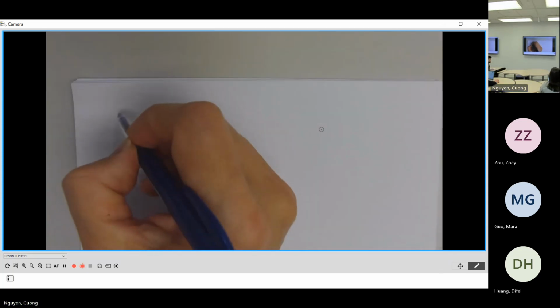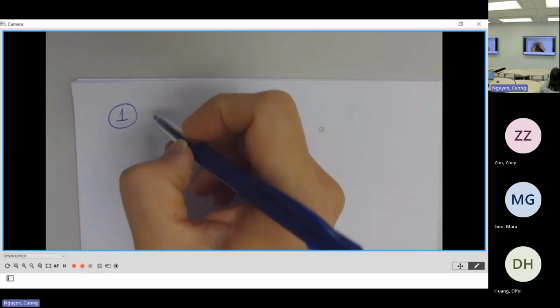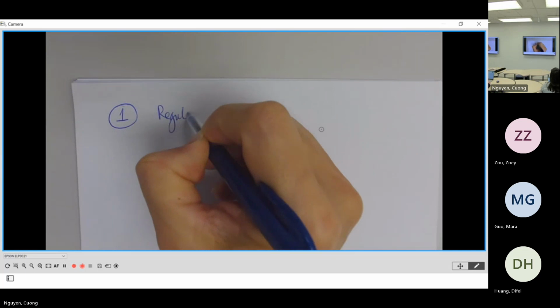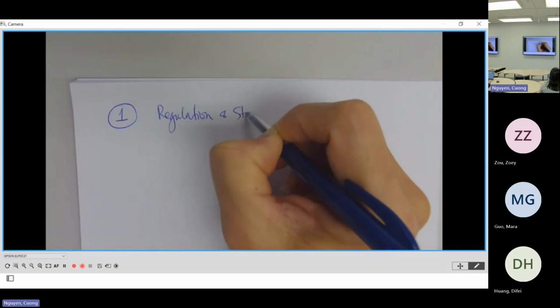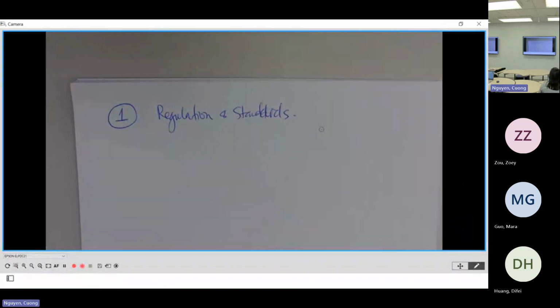That's quite important. Now, the components of the open banking ecosystem usually consist of several things. The first one, because remember that banking and finance are heavily regulated in a country, so normally we need to have regulation and standards.